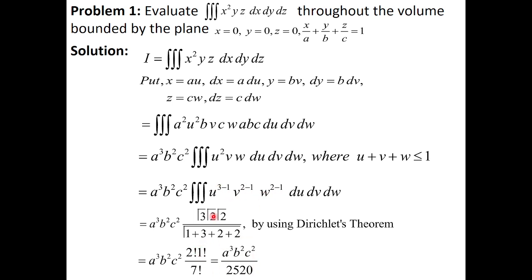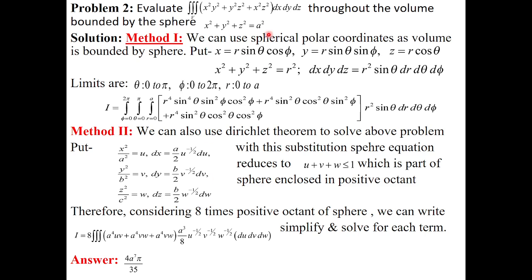So it's a really very simple case. Here also, for a sphere you can use this conversion, or even you can go with this conversion by using the Dirichlet theorem. This shape must be converted to u plus v plus w equals 1. So we need 1 on this side, so throughout divide by a square.